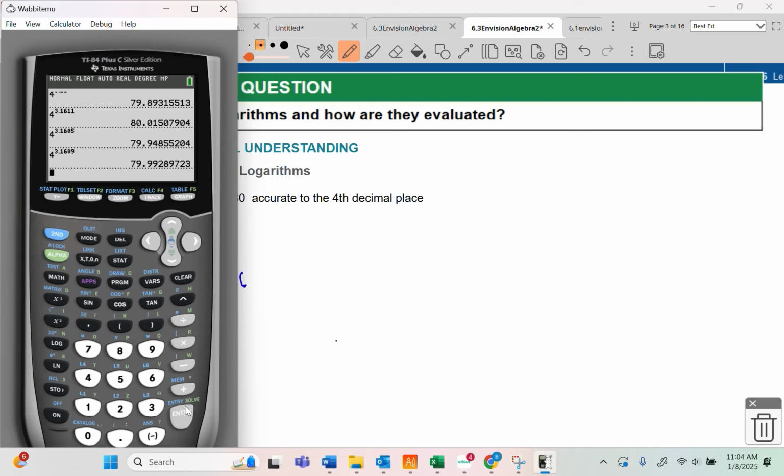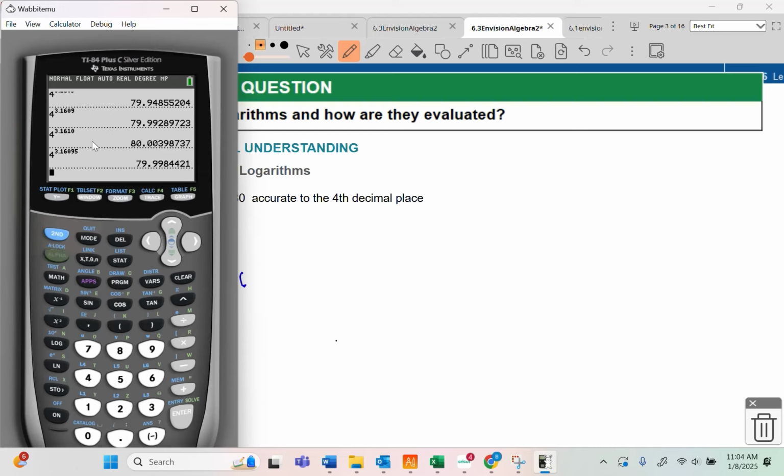Getting there. Too high. So that's even closer. So I can tell you that the answer to this is somewhere between these two right here: 4 to the 3.1609 and 4 to the 3.1610.